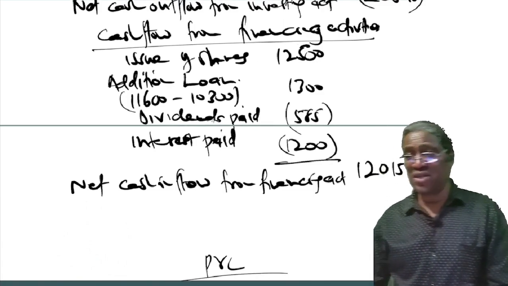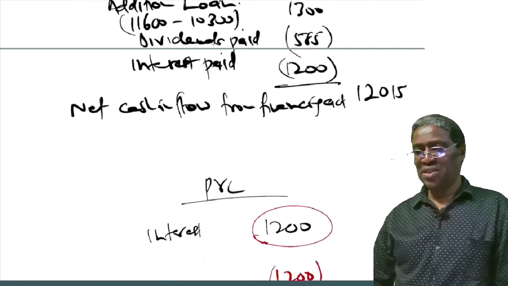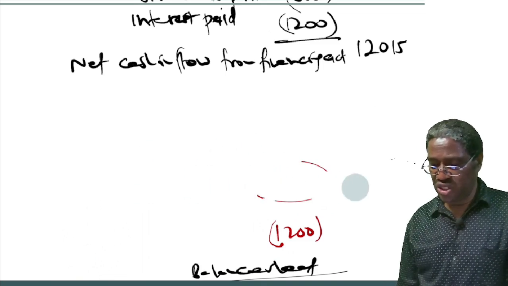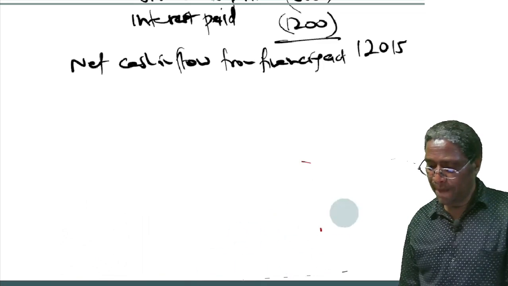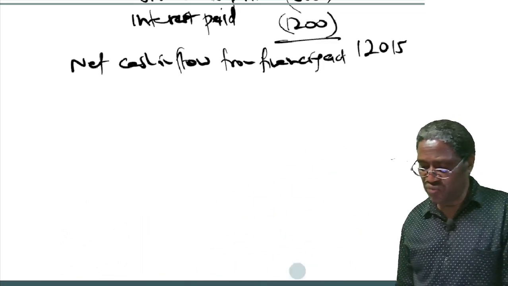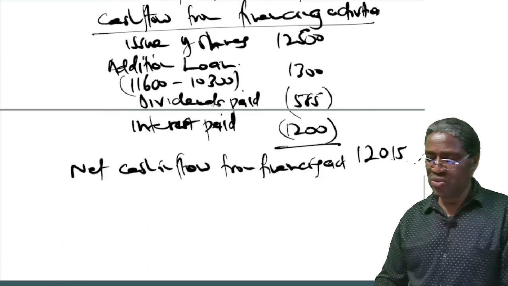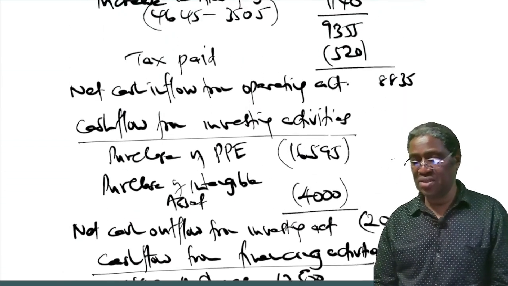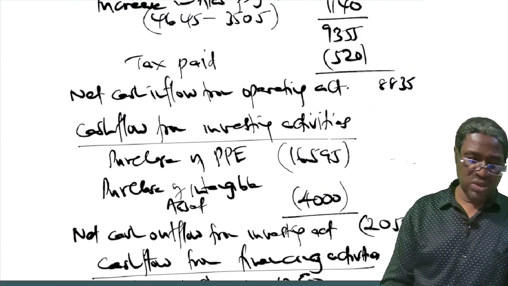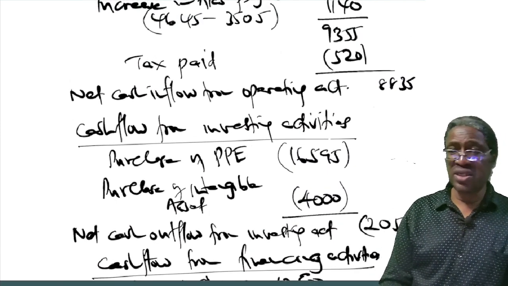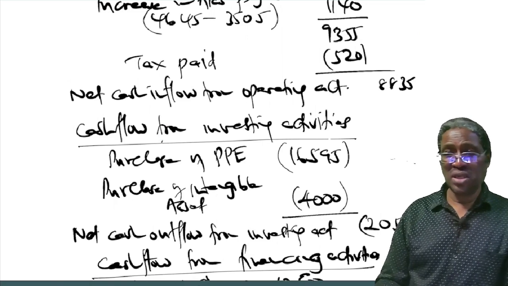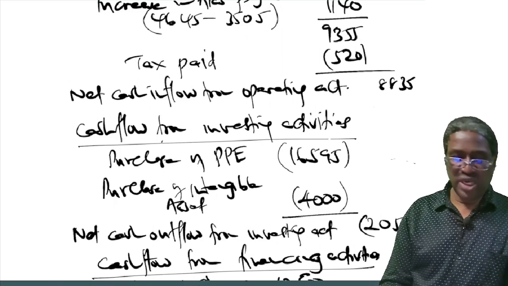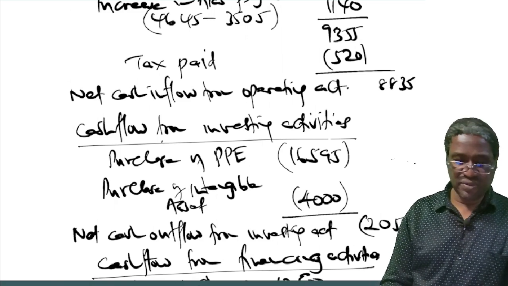So we have identified the three categories now. Good. Now we get the totals of the three categories. You know the structure of cash flow now. So let's get the totals of those three categories: the operating, the investing, and now the financing. From the question, I can see the operating was up there, 8,835.